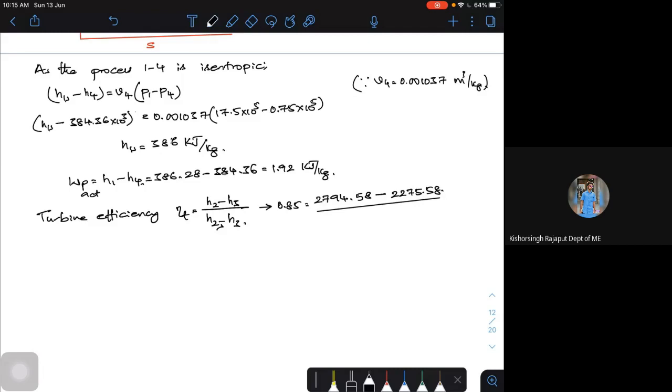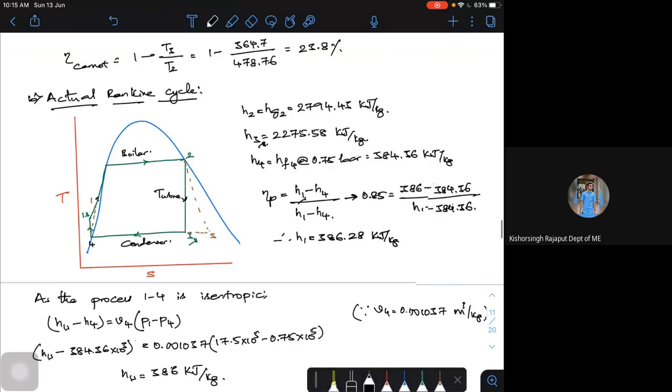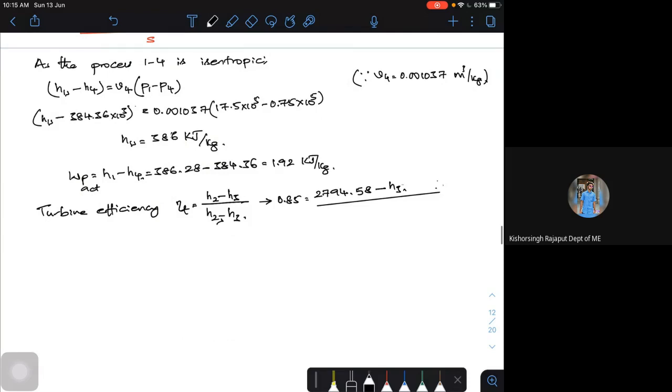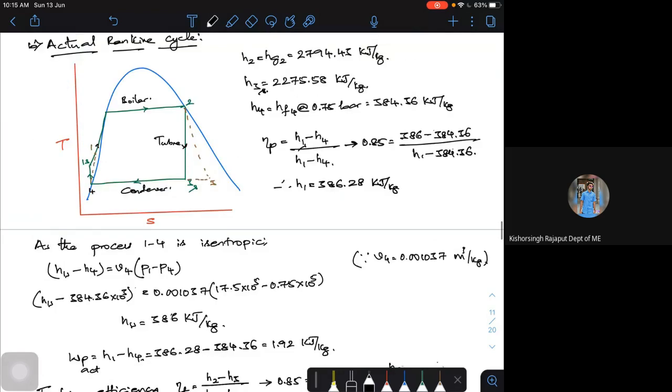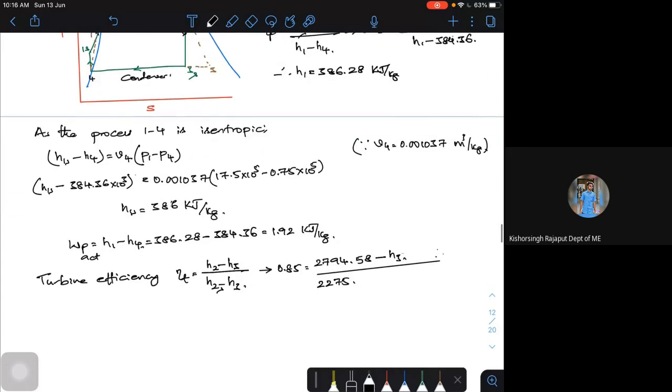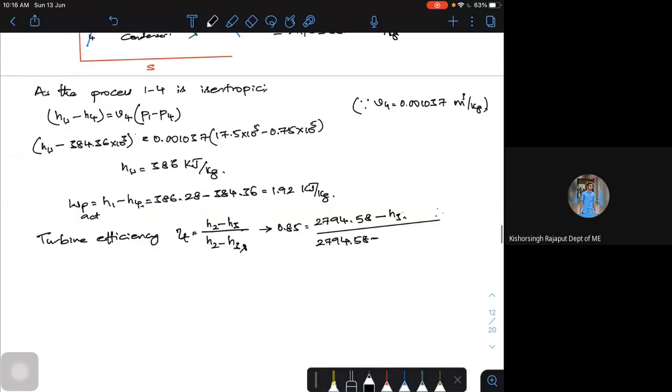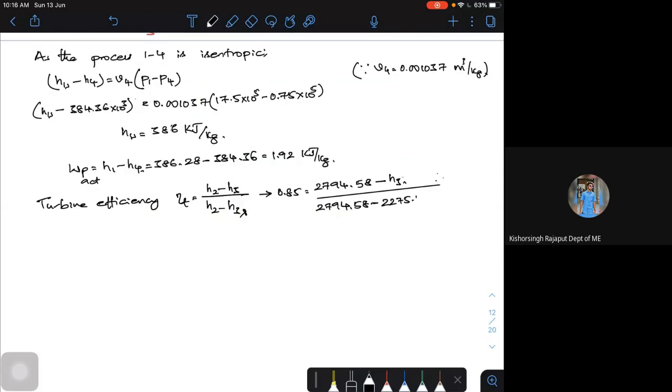So H2 minus H3S, H2 is 2794.58 minus H3S is actually 2275.58.